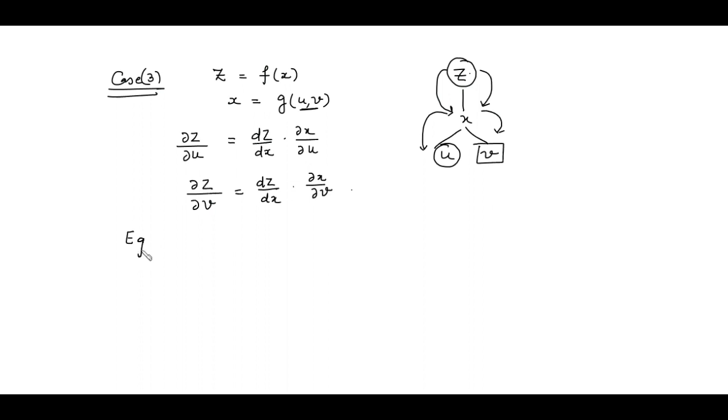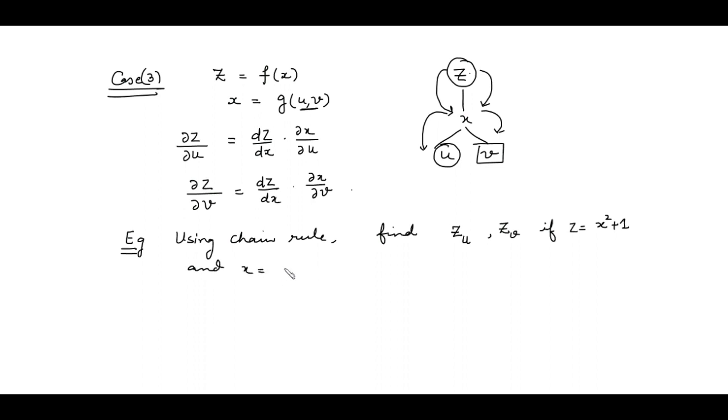Now just see with the help of an example, using chain rule, find out the partial derivative of z with respect to u and partial derivative of z with respect to v if z is x square plus 1 and x is u into sine v.